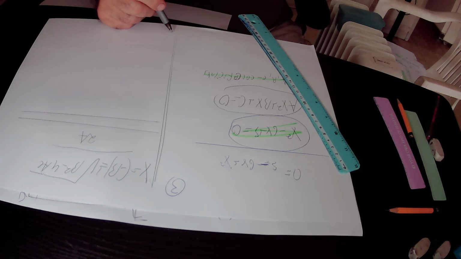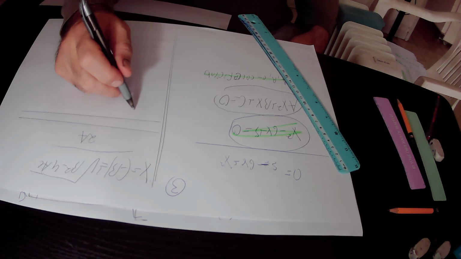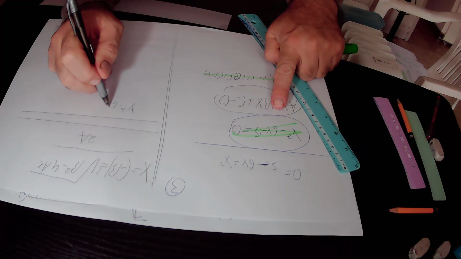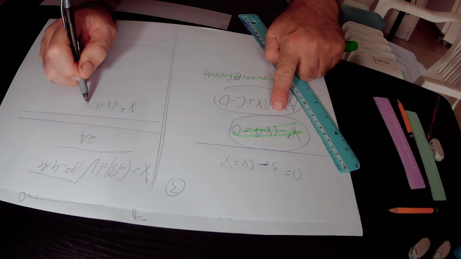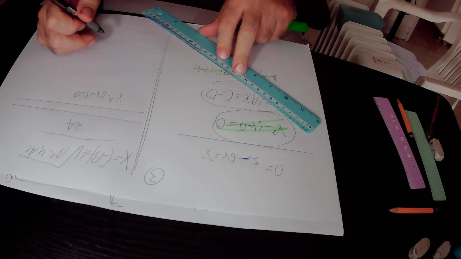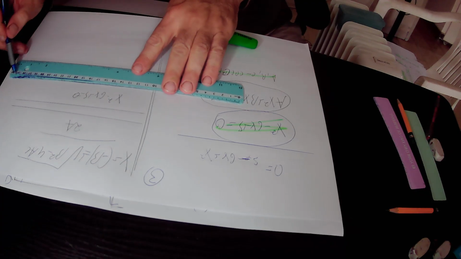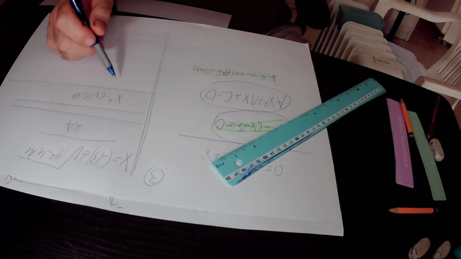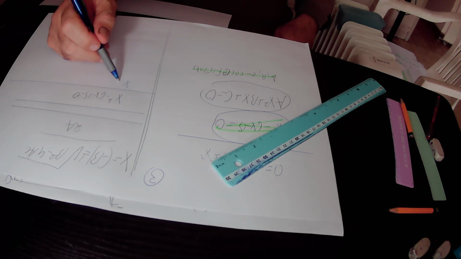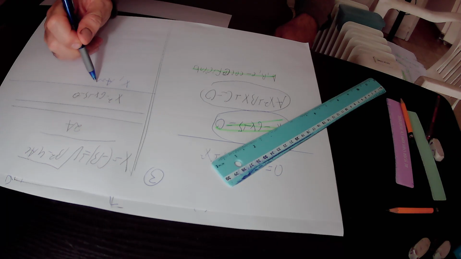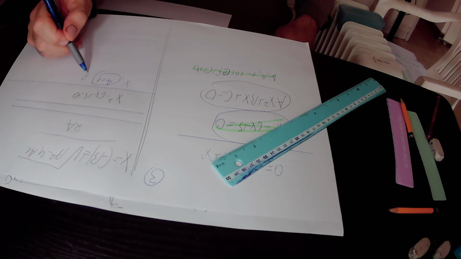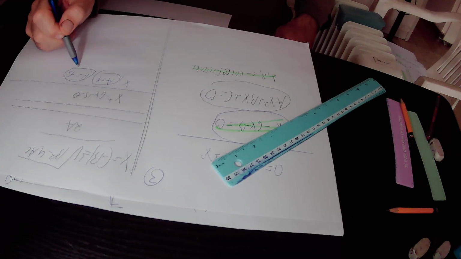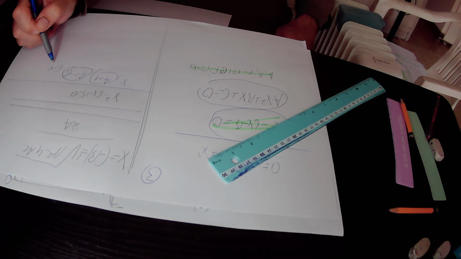In our specific quadratic equation, that is to say x squared minus 6x plus 5 equals 0, the variable that we are looking for is x. The coefficient a equals 1, the coefficient b equals minus 6, and the coefficient c equals 5.